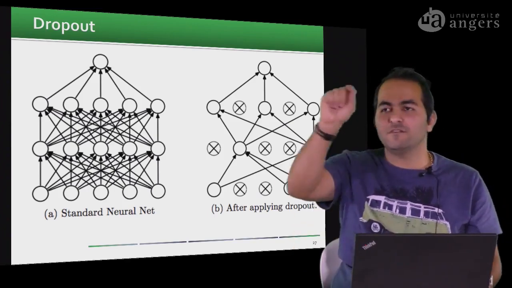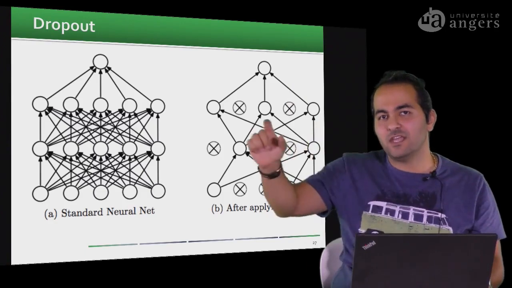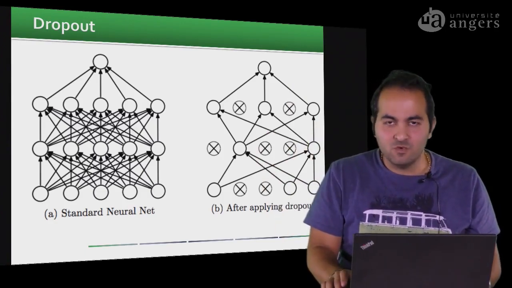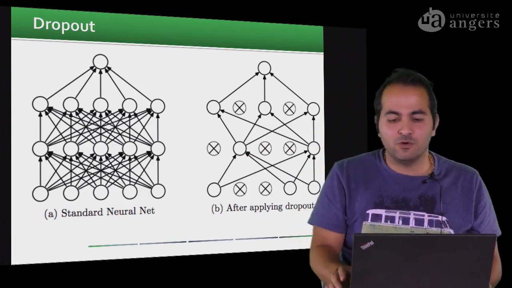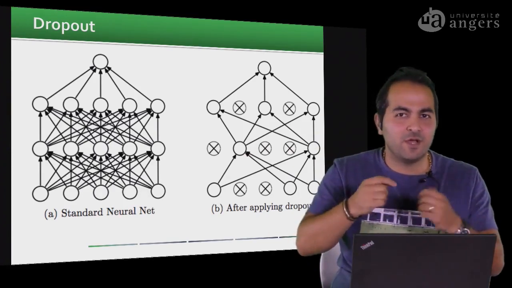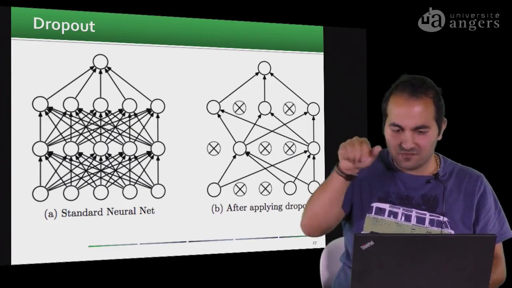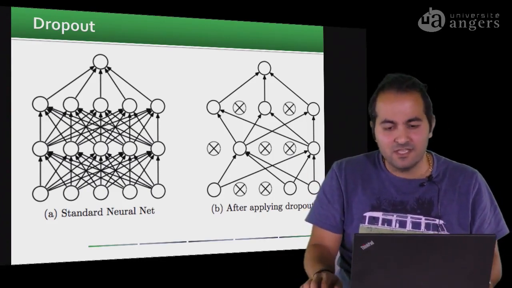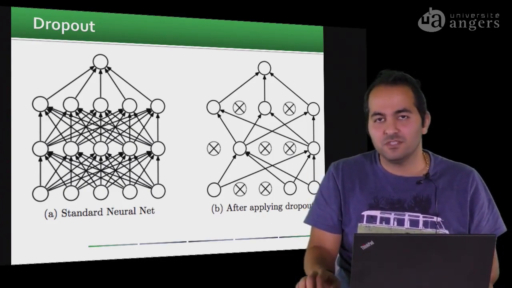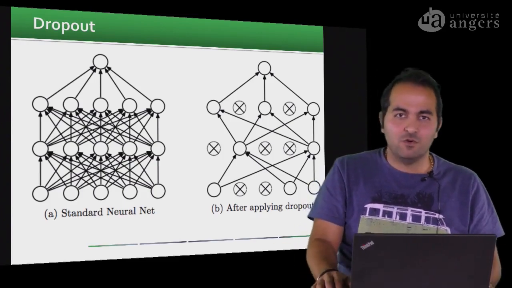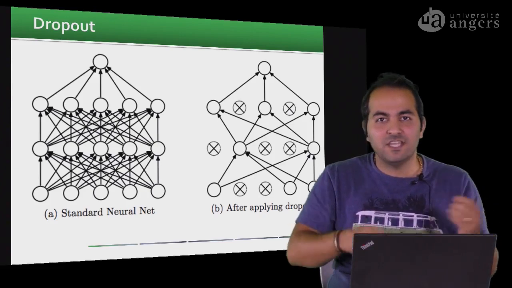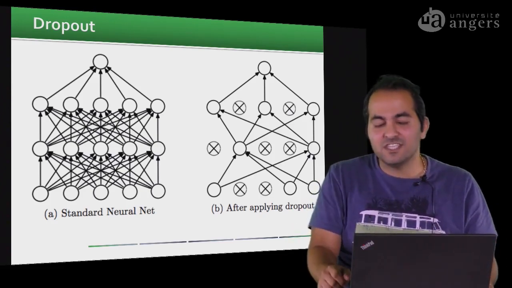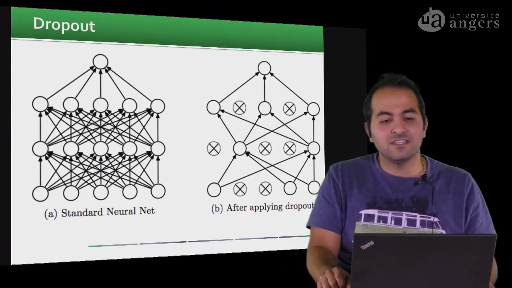So 50% of the neurons in the training mode will be off, or even the weight and bias for that connection will not update. It means that we don't use them in our model.